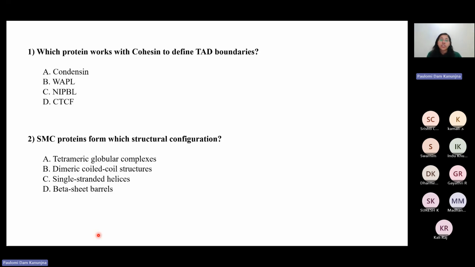An SMC protein forms which structural configuration? Anyone else? The last question.